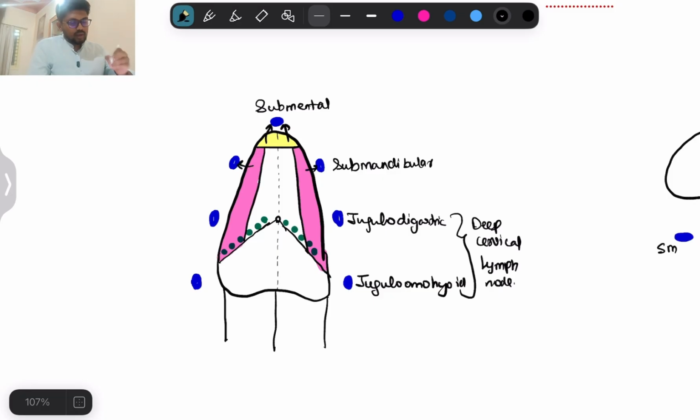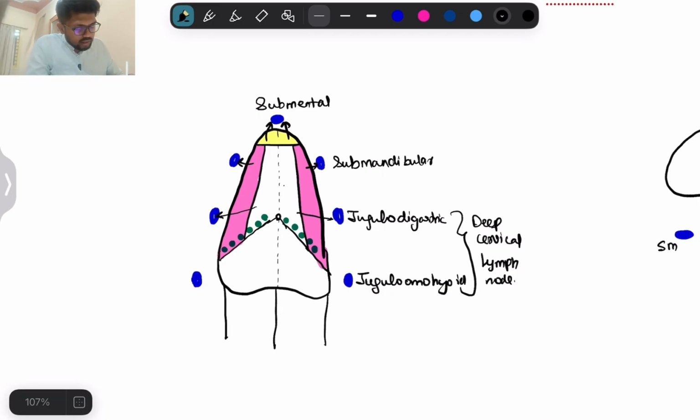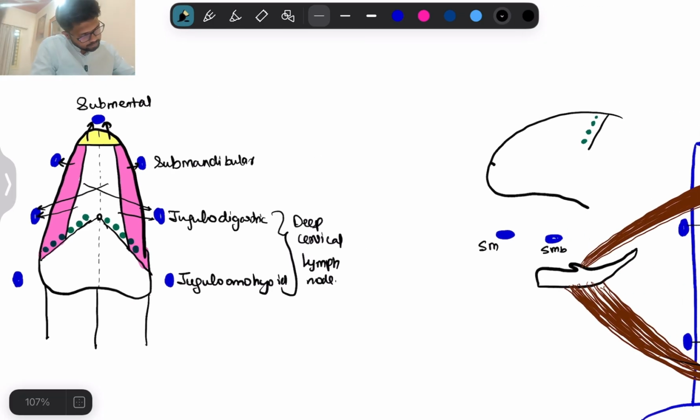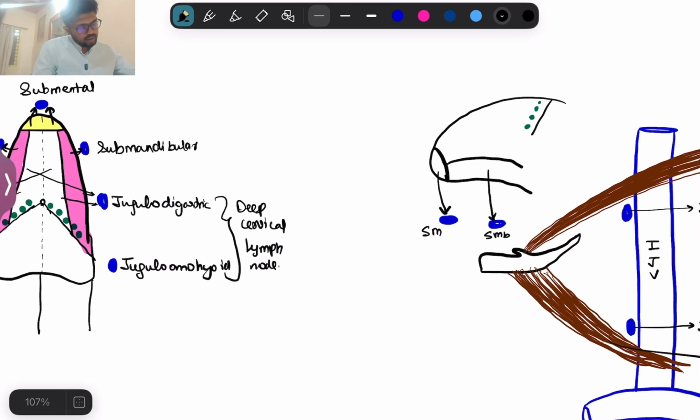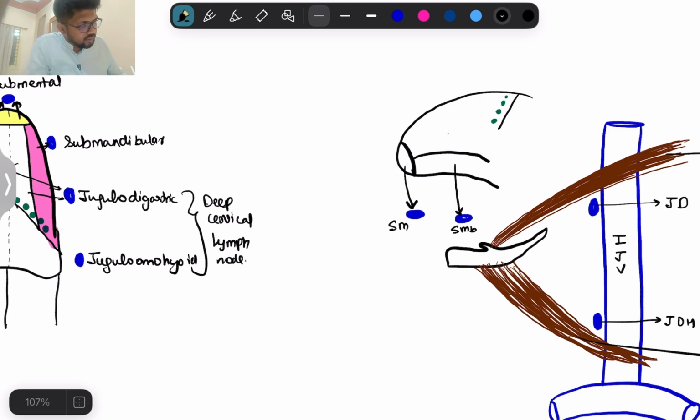Some part of the central part will drain into the ipsilateral jugulo-digastric lymph node, and some part will drain into the contralateral jugulo-digastric group. Here also we'll draw the tip part, the lateral part, and the central part. The tip drains into submental, the lateral part into submandibular, and the central part into the jugulo-digastric group of lymph nodes.